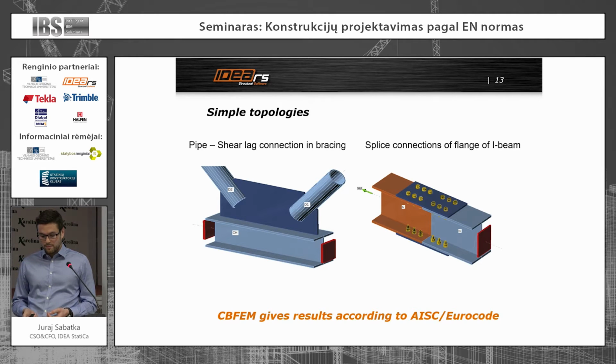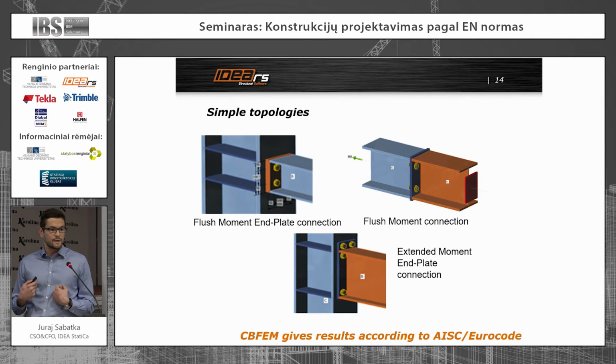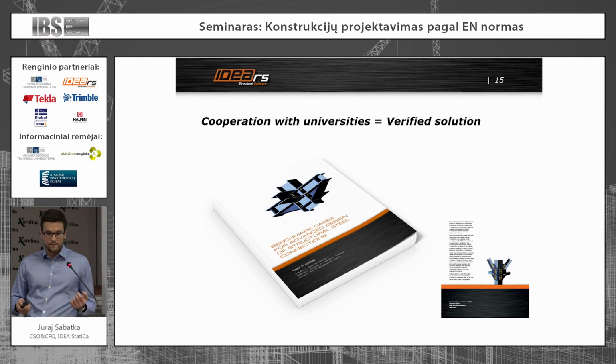So these are simple topologies from US or Eurocode standard topologies, and we compared results. Similar. The second level of the testing is when you don't have the standard topologies, you need to create a model in ANSYS, Abaqus, or similar, and then you can compare it with results of StatiCa Connection. So that was the second level, also similar results.